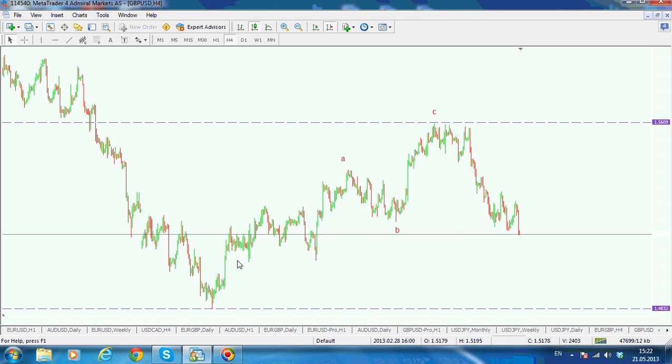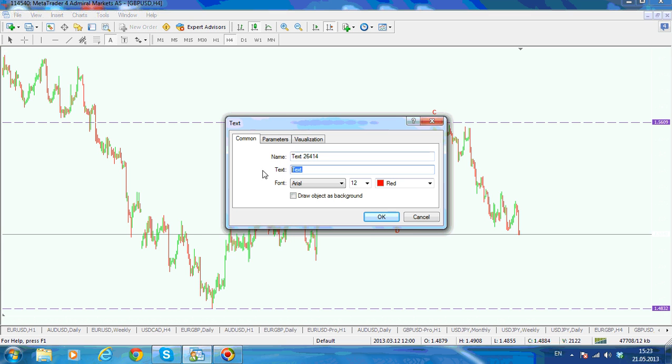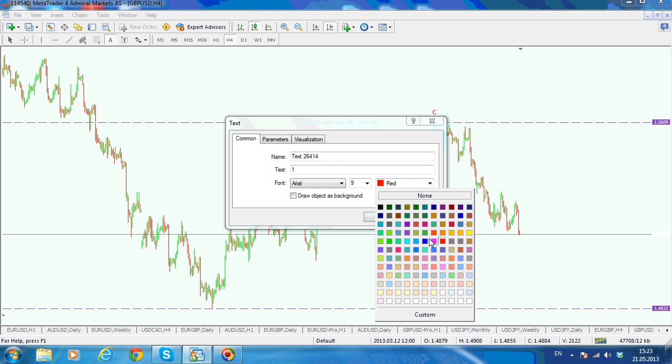So A, B, C. Now, if this is an A, this looks like a nice leading diagonal with the first wave being the longest one. Here, of a lower degree, you have a nice impulsive move that respects all the rules of an impulse. So I would say that this is a 1 of a really lower degree.